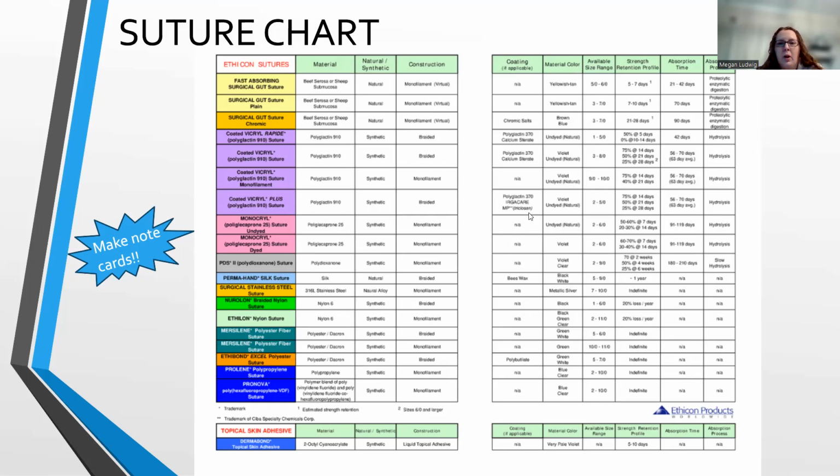And then also the size is going to be important. If you're making note cards, I wouldn't necessarily put the size range. I would focus more on the name, the multiple names, maybe what it's made of, whether it's mono or multifilament. And then under absorption rate, I would also focus on that.